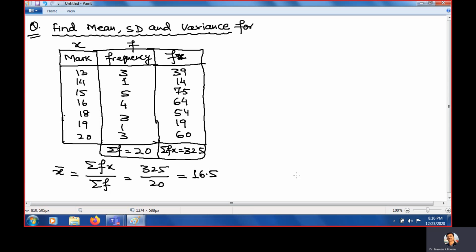Now, because space is less, I will write the formula here. Only the calculation we will do on the next paper. What is the formula for standard deviation? The formula is the square root of sigma f into x minus x bar whole square upon sigma f minus 1. Sigma f we already have, 20. Here x bar we have evaluated as the mean, 16.25.